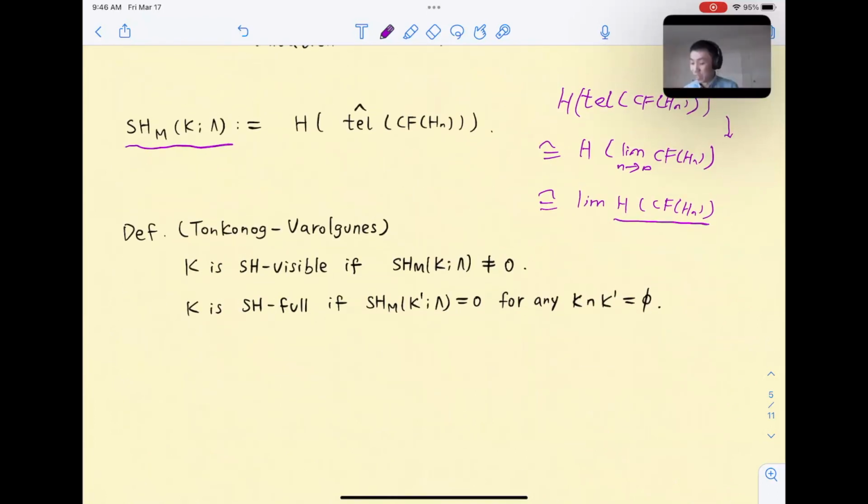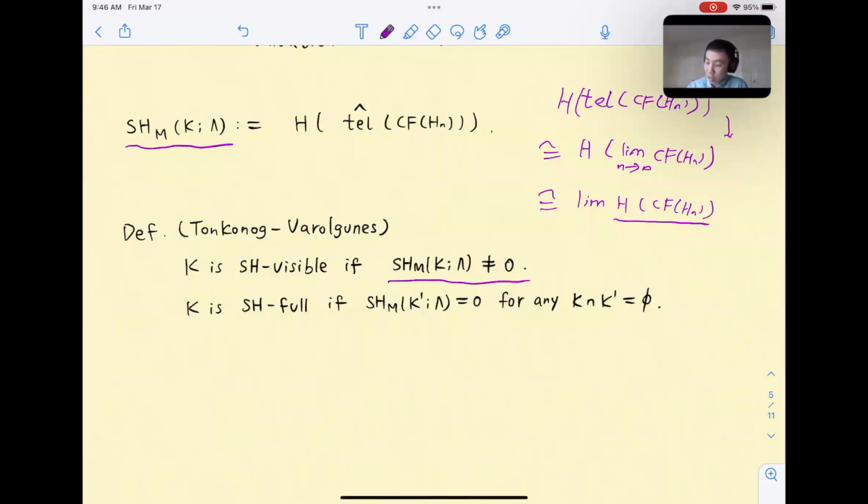So this was defined in Varolgunes' thesis. And it has some good properties which enable us to study this rigidity phenomenon. In particular, Kontsevich-Varolgunes make the following definition. K is called SH visible if this invariant is non-zero.